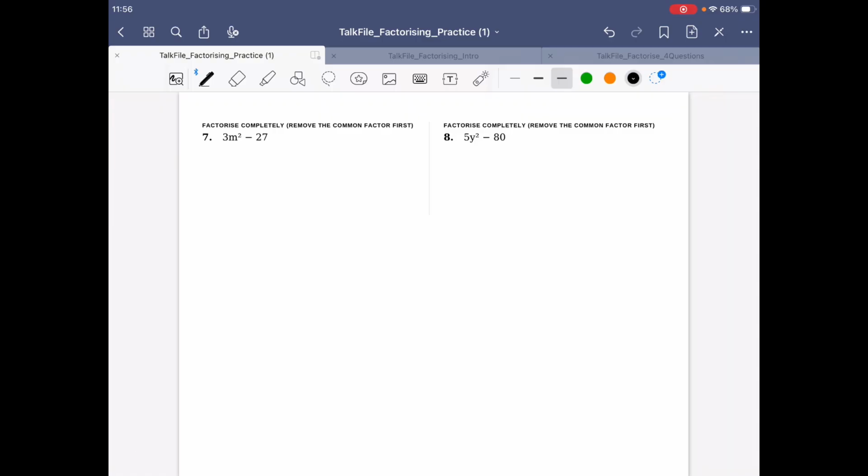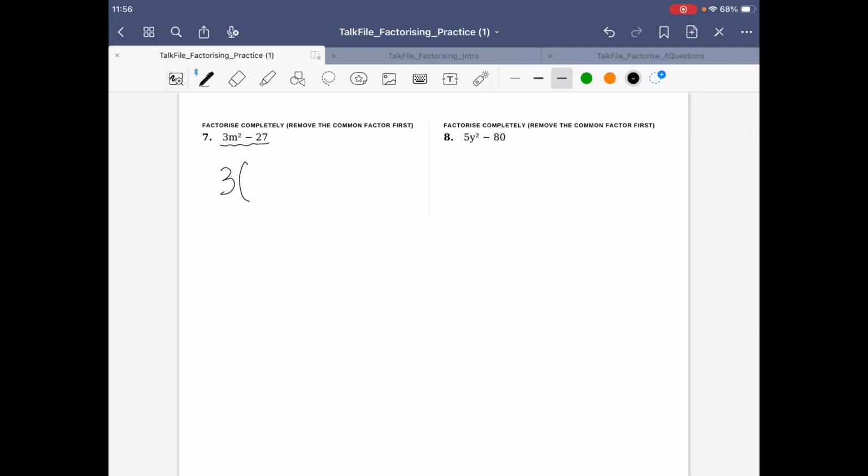This one is a little bit different. Again, you have to take out the common factor first. In this case, I can see 3 is the common factor for those terms.